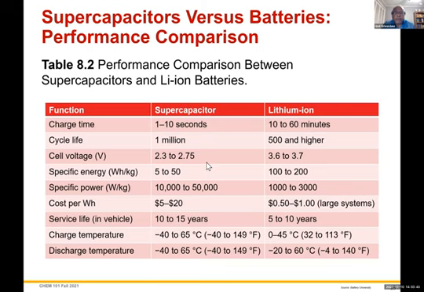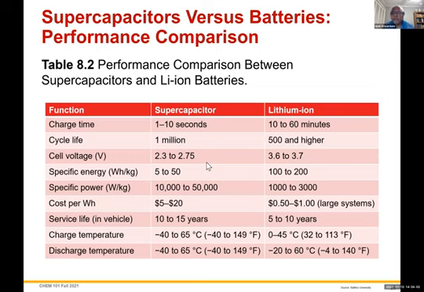Specific power-wise, the supercapacitor has more power available, but low energy density. Cost is much higher for supercapacitors, but it is large for lithium ion is much smaller right now. But as the applications come out, the supercapacitor is going to be cheaper.